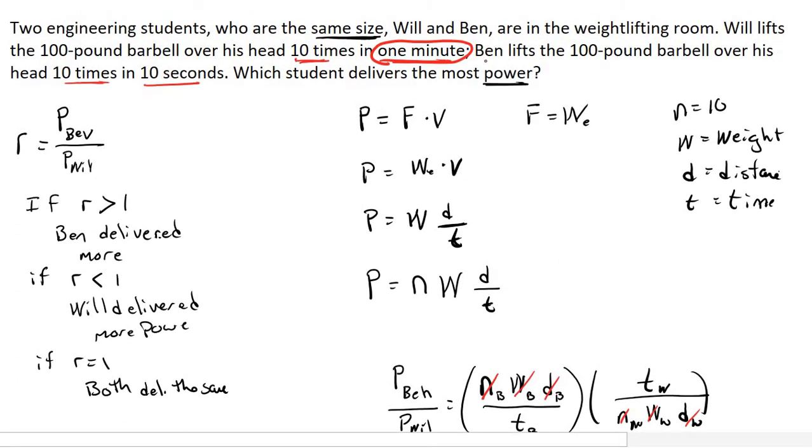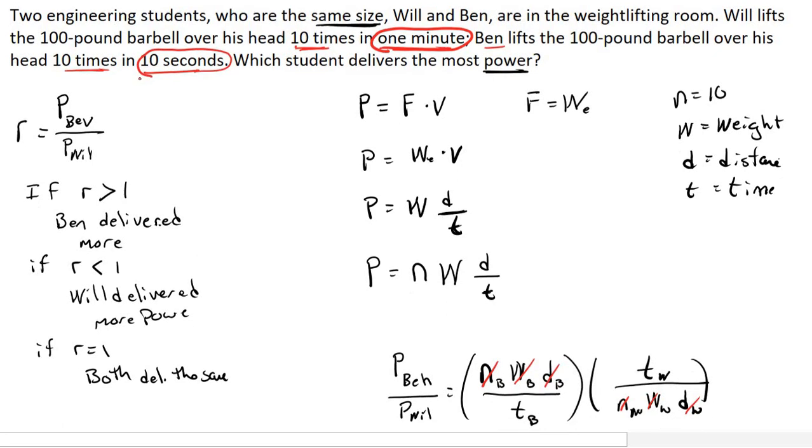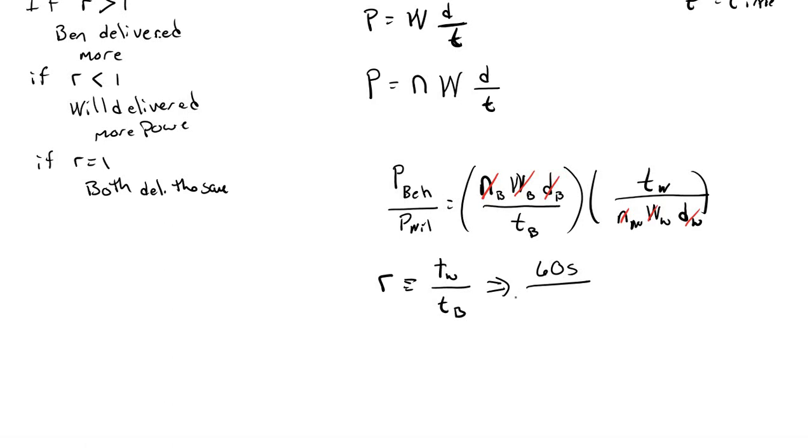In this case, Ben's time is 10 seconds. The seconds cancel out, and the ratio is 6.